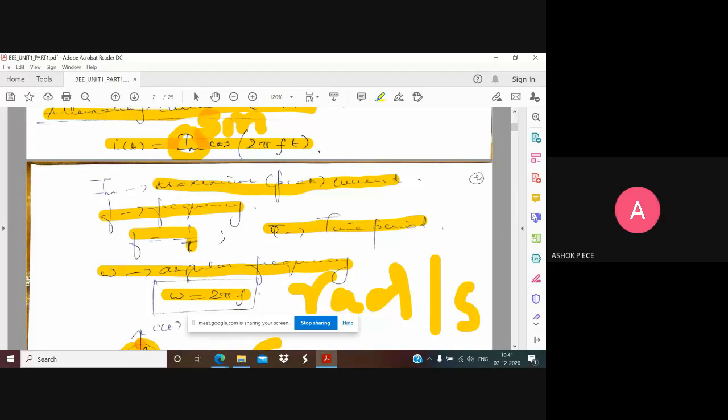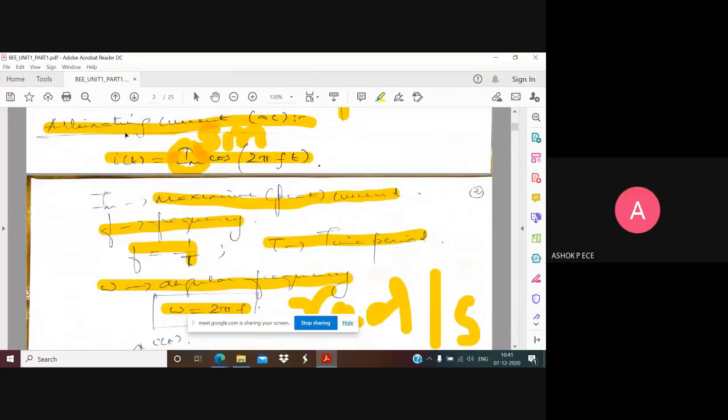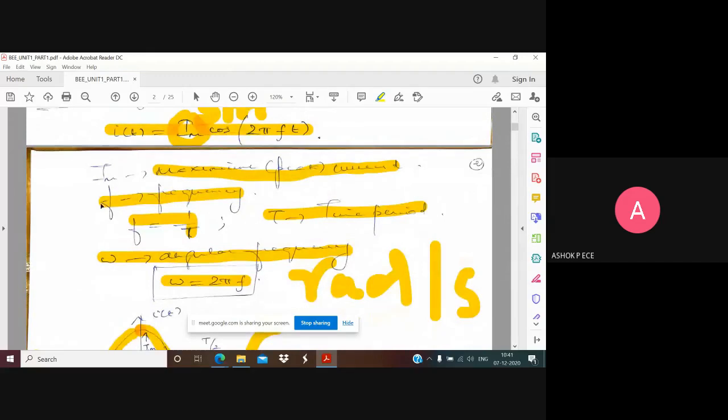Sir, alternating current, can you repeat, sir? Which one do you want me to repeat? Sir, from the frequencies. See, frequency will clearly say how many cycles per second your signal is repeating, and frequency you will not measure directly from the waveform. We'll measure frequency from the time period.